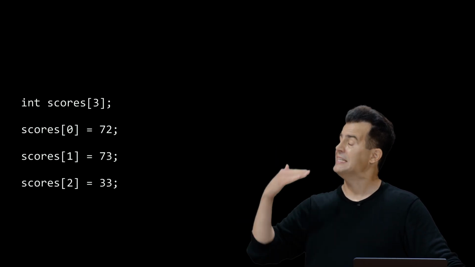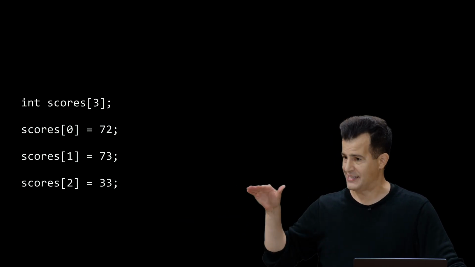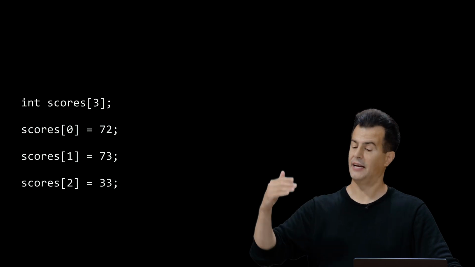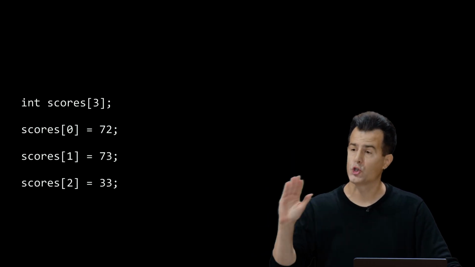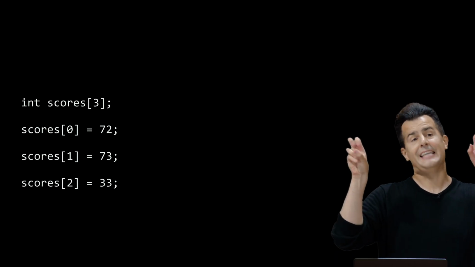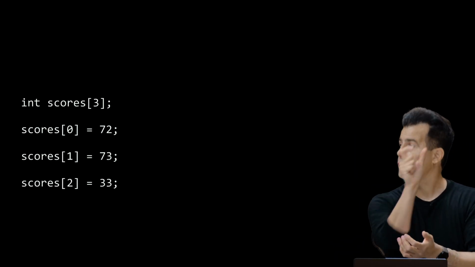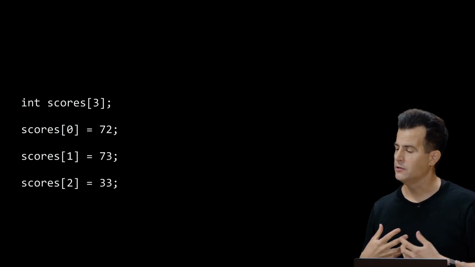They are 0 indexed, so to speak. As before, we're almost always going to start counting from 0 in C and in most other languages. So 0 is the first, 1 is the second, 2 is the third. But notice these aren't separate variable names now. They're all called scores, but I am indexing into the array by jumping to a specific location. The first one, the second one, or the third one. First, middle, last, so to speak.